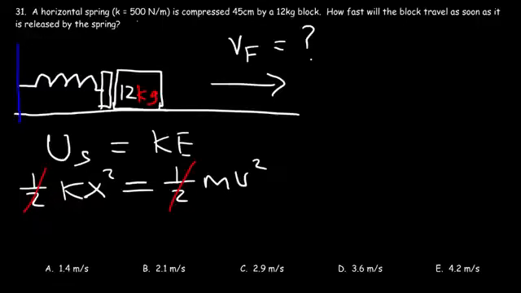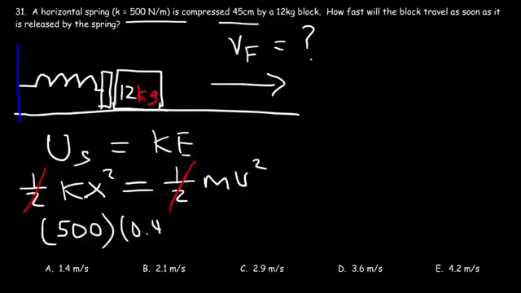Now we have the spring constant k, it's 500 newtons per meter, and x, the amount that it's compressed, which is 45 centimeters, we need to convert that to meters. We need to make sure that these units match. So to convert centimeters to meters, simply divide by 100. 45 divided by 100 is 0.45. And don't forget to square it. The mass of the block is 12.